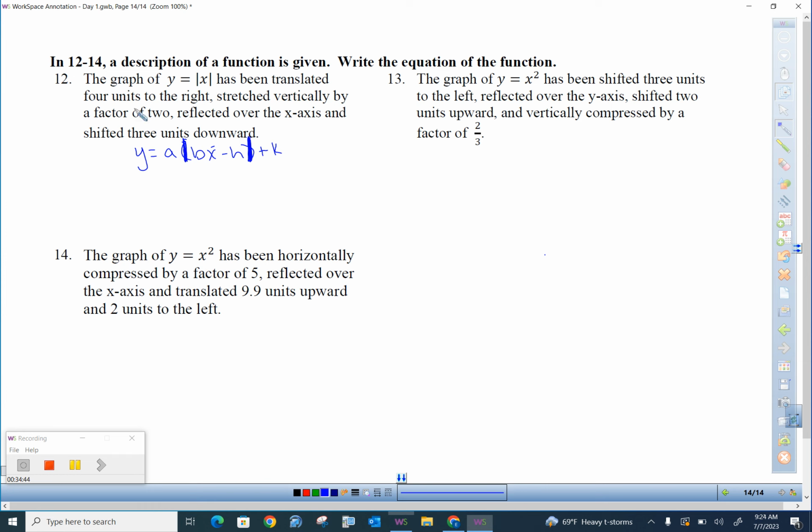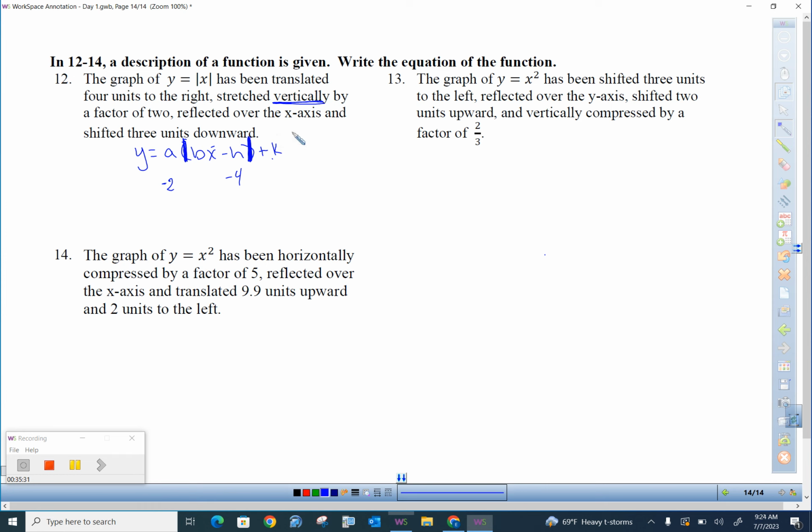So it says we are translating 4 units to the right. So translating 4 units to the right, I would need a -4 here. Opposite. Stretch vertically by a factor of 2. Remember, vertically is going to be outside, closest to y. So that's my 2 here. Reflected over the x-axis, that's also outside.